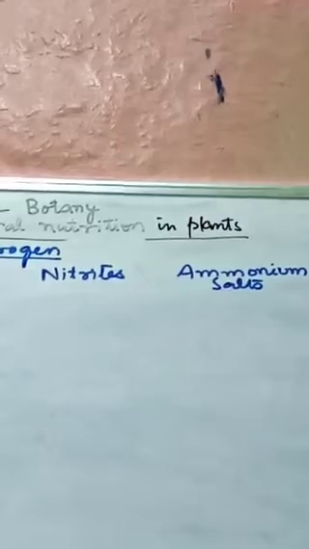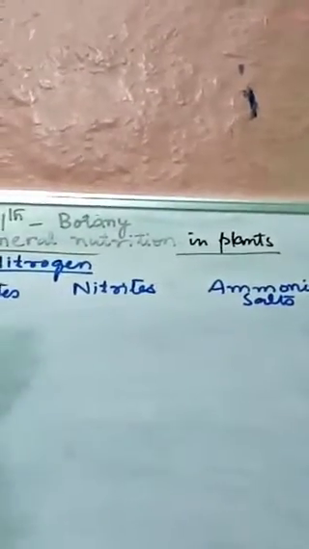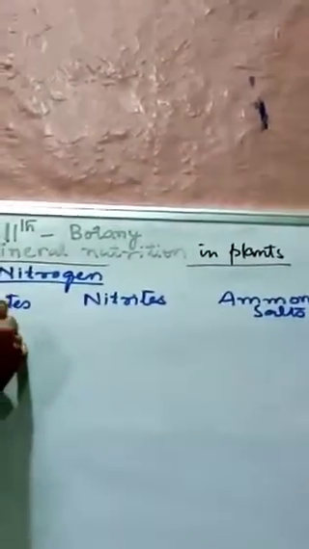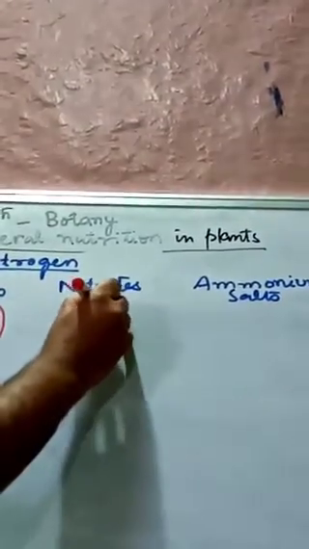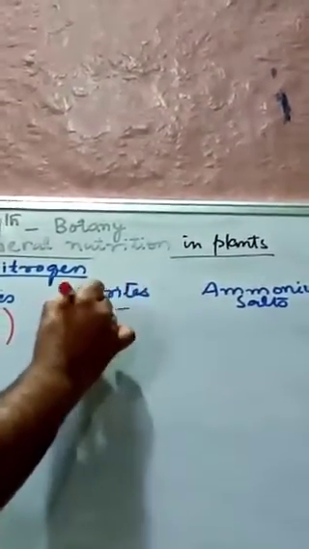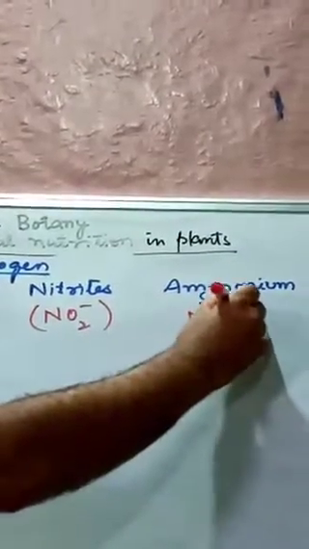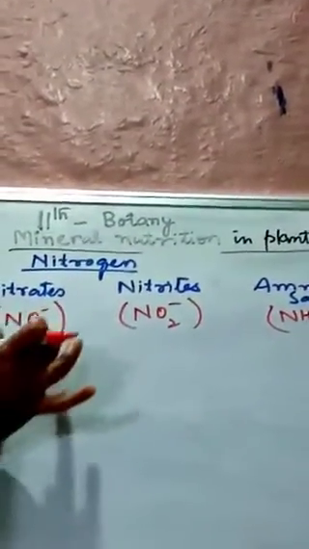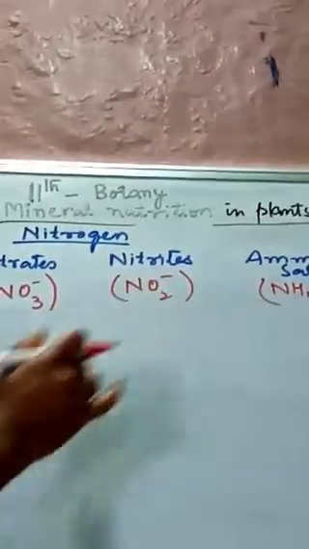Now this nitrate अगर हम इसका molecular formula देखेंगे, that is NO3 negative, इसका nitrites का NO2 negative, and this NH4 positive. So these are the 3 different forms of nitrogen by which it is being absorbed by the plants.